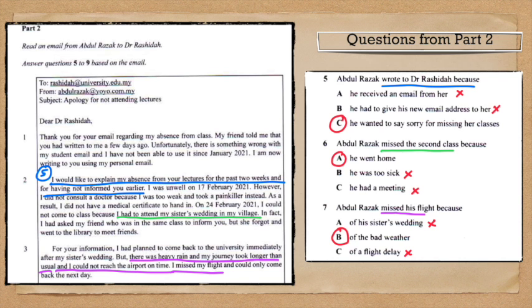So that is the keyword, I would like to explain my absence. So A and B are definitely eliminated because they are not related to the reason why Abdul Razak wrote to Dr. Rashida. The reason was because he wanted to say sorry for missing her classes.